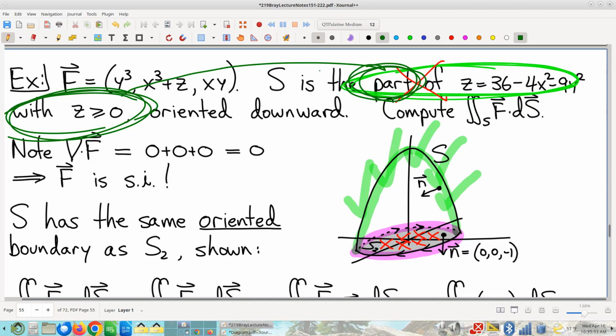But it is nothing more than that clarification. It remains: S is part of the paraboloid. Does everybody see how that phrasing works? There is no ambiguity in how this is phrased. This surface that we are interested in is not closed at the bottom. So make extra sure that you're very clear on what that is.